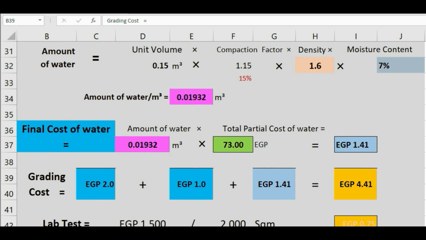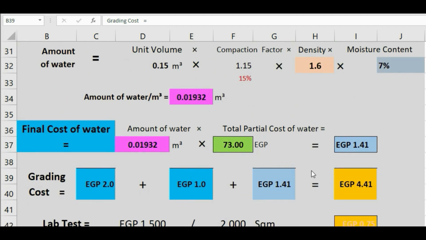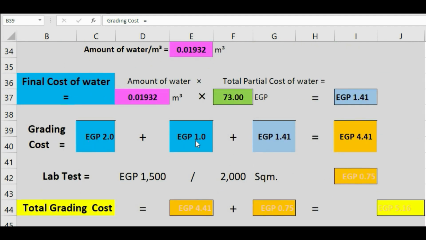Finally, grading cost equals grader cost, if you remember, 2 Egyptian pounds, plus compactor cost, plus water content cost, equals 4.41.